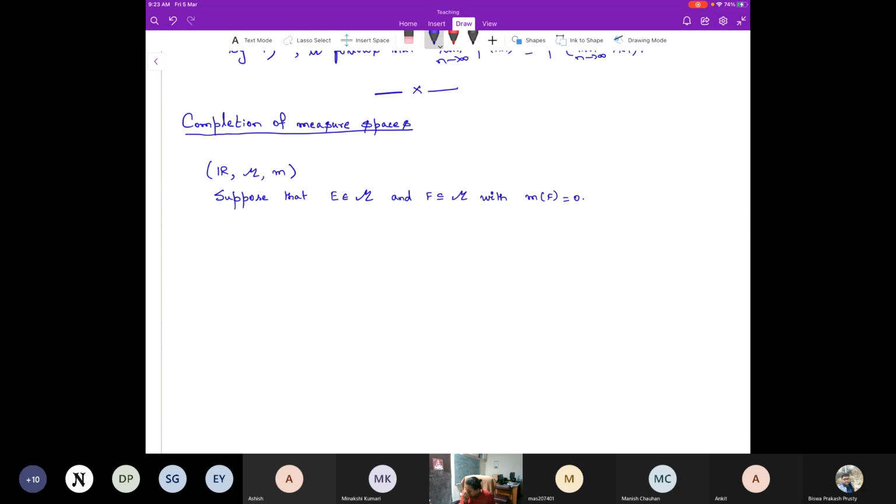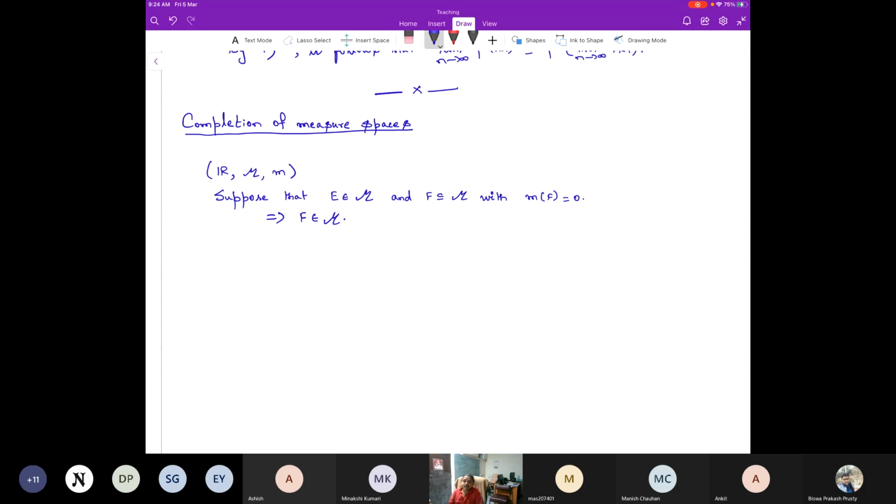In fact, we have seen this in the beginning itself. Is it a Lebesgue measurable set? Yes, this will imply that F belongs to M. So it is going to be a Lebesgue measurable set.